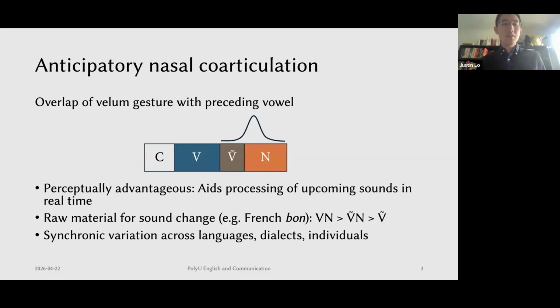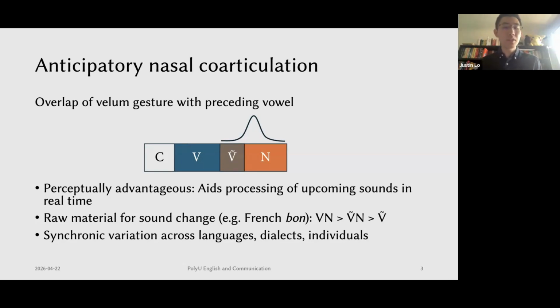We're interested in nasal co-articulation for a few reasons. One, we know that this kind of co-articulation in speech is perceptually quite advantageous. What that means is that in real time, listeners tend to pick up on some of the acoustic cues that anticipatory co-articulation brings.